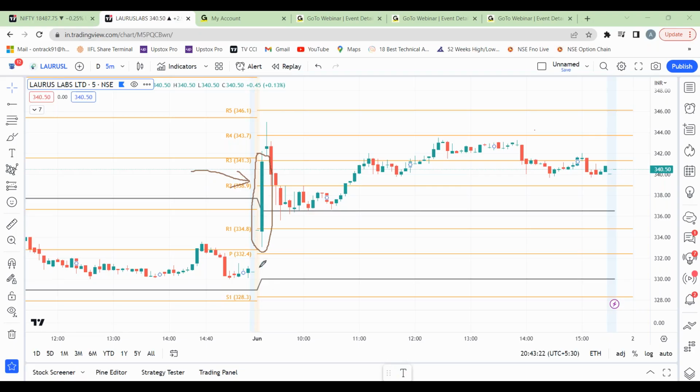This is a gorilla candle. You see the candle size of previous trading session, average size of the candle, and see the candle here, right above pivots, breaking previous day high.